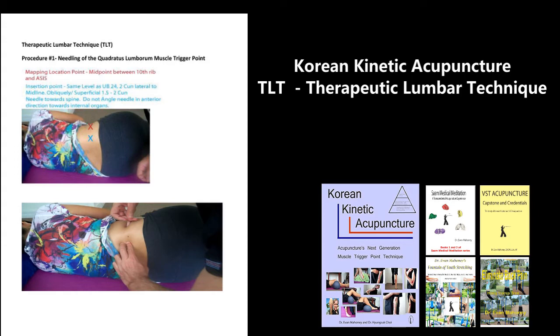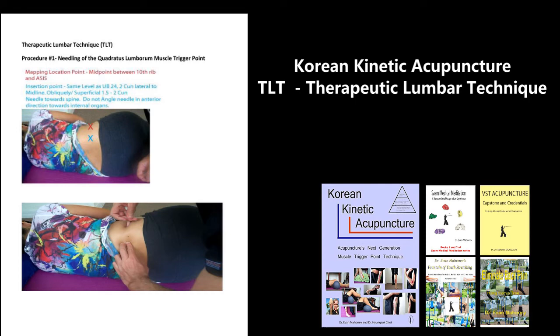And so if you look at the red X, that's just the mapping point. That's the center point between the 10th rib and the ASIS. So from that point, then, and you'll see in the bottom picture, that's just the mapping point.